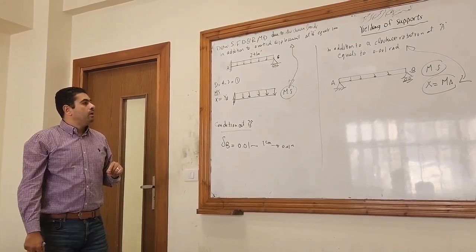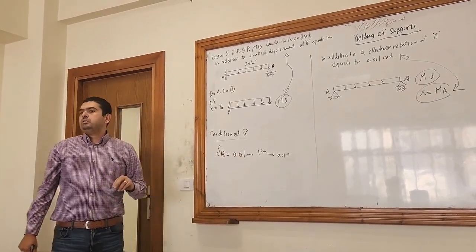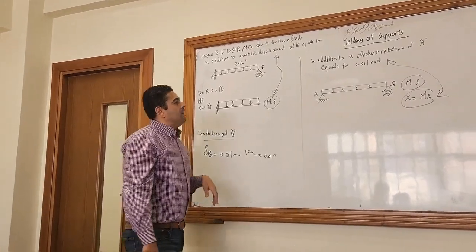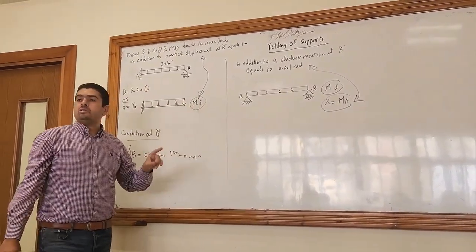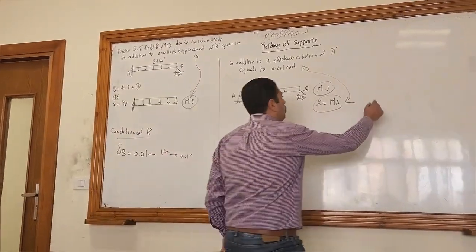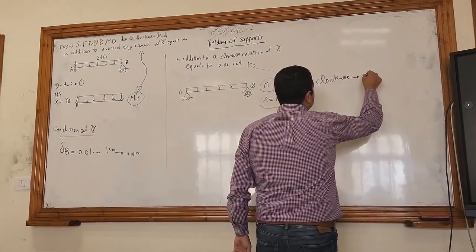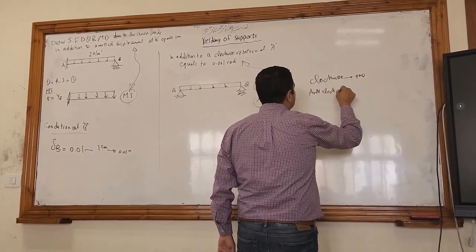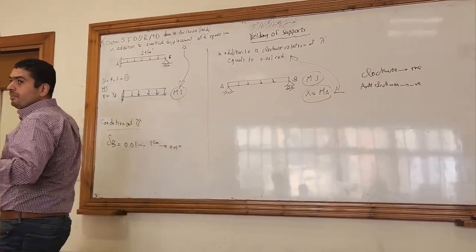Okay? What about the sign rule? For the rotation, the clockwise rotation is positive. If it's anti-clockwise, it's negative. What about the vertical displacement?